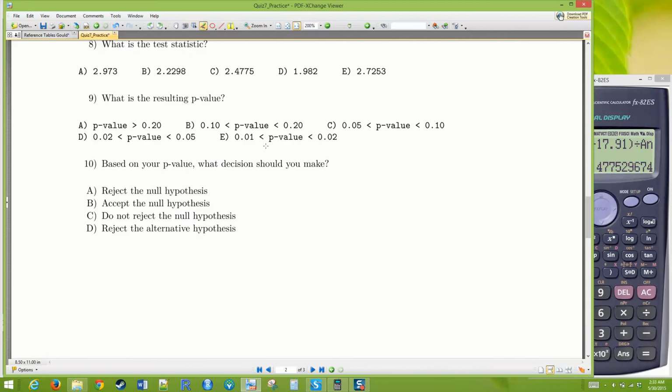Our p-value is between 1 and 2%, so it is indeed less than 5%. So for number 10, we will reject the null hypothesis because our p-value is less than 5%, which is what we assume alpha to be when it is not specified in the problem. And that's how we do problems 6 through 10.